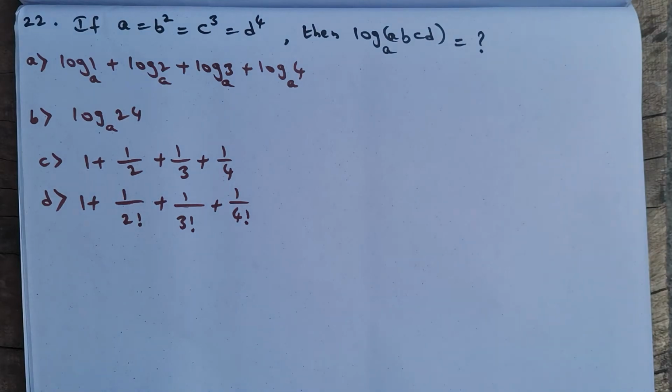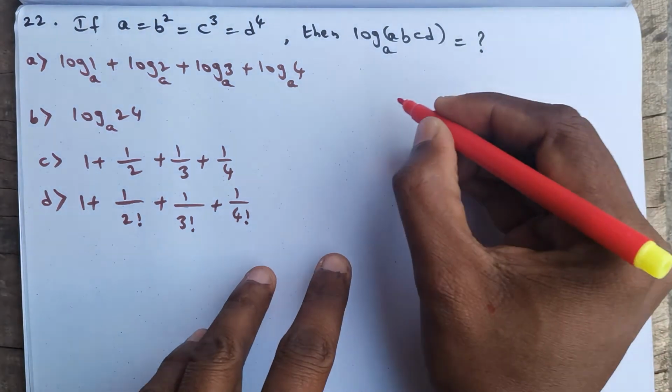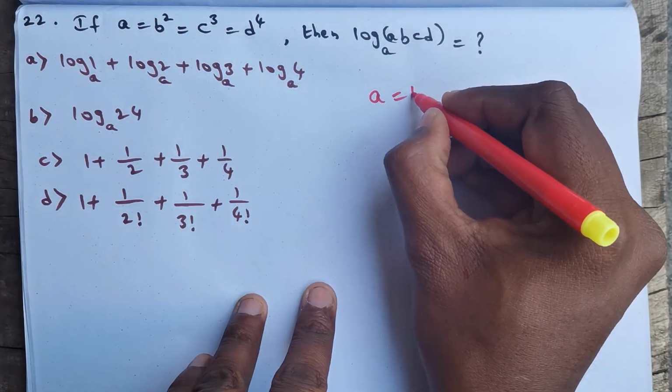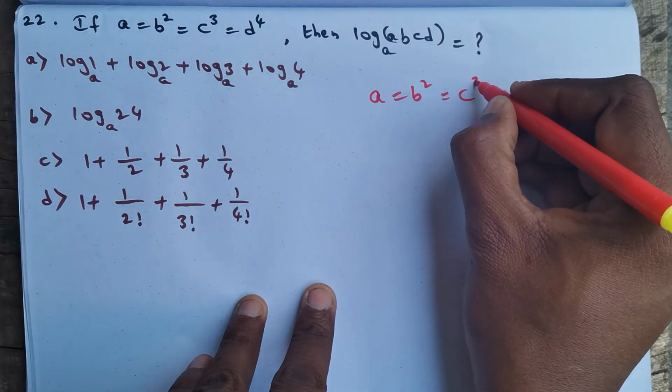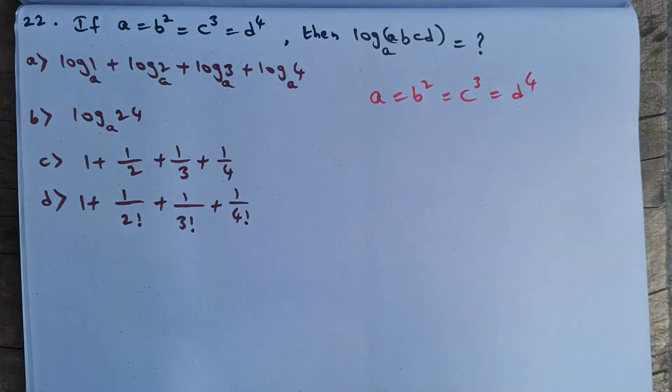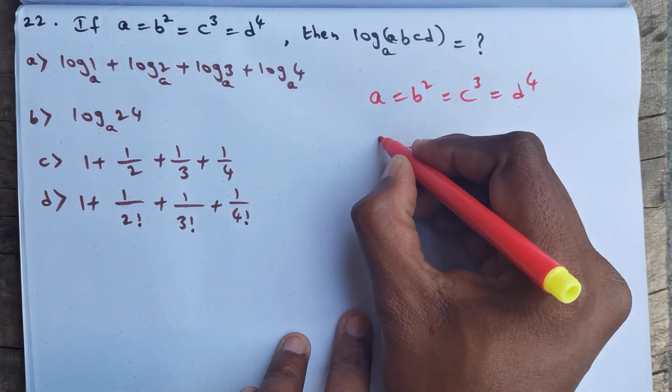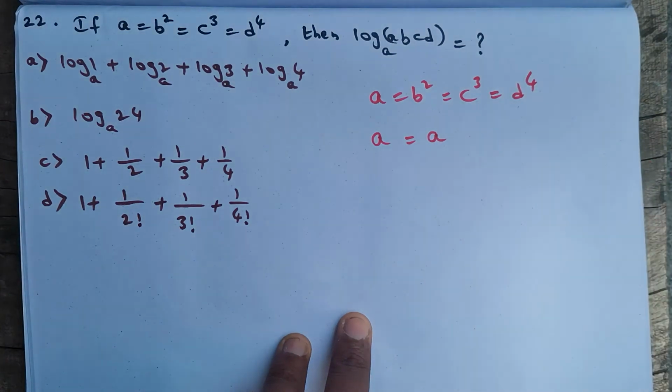Next, question number 22. If a is equal to b square equals c cube equals d power 4, then what is the value of log abcd base a? It's very simple. a is equal to b square is equal to c cube is equal to d power 4. So what I will do? A, I will take as a only.